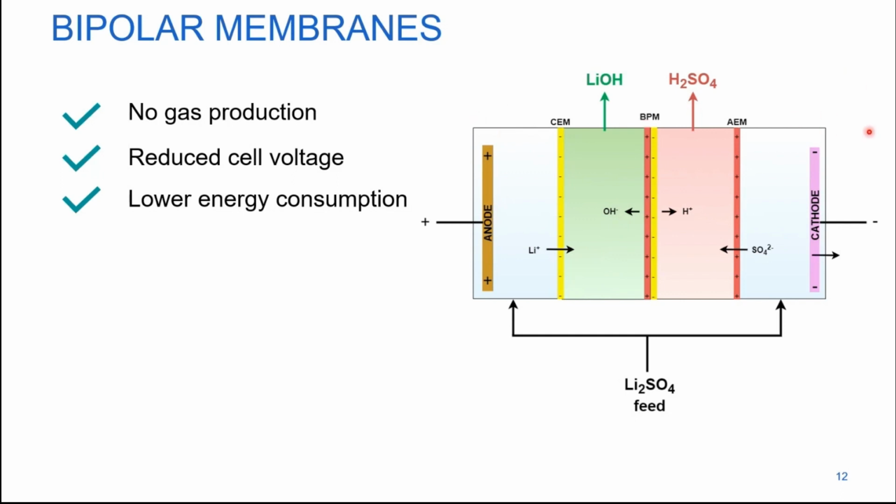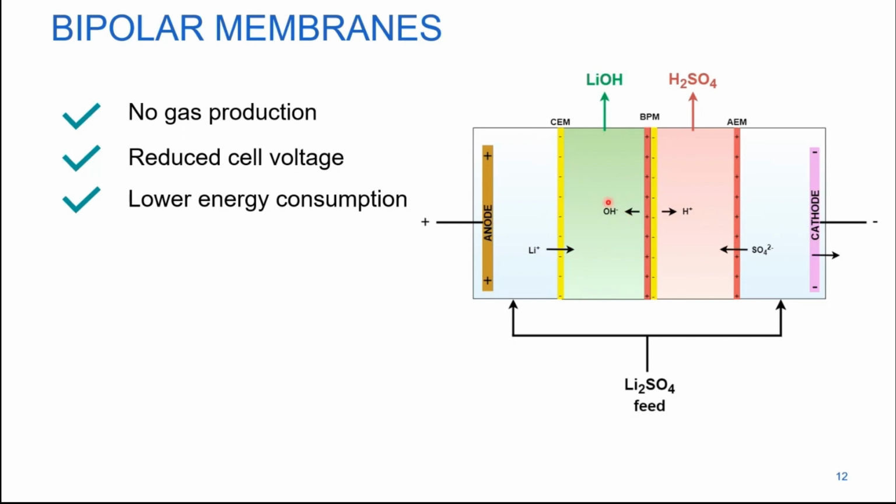Now, the bipolar membrane will actually take over the function of the electrodes, and you will not have the hydrogen gas and oxygen gas formation in this membrane, but what will happen is water diffuses into this membrane, and then here you will have a dissociation of water into a proton and a hydroxide.